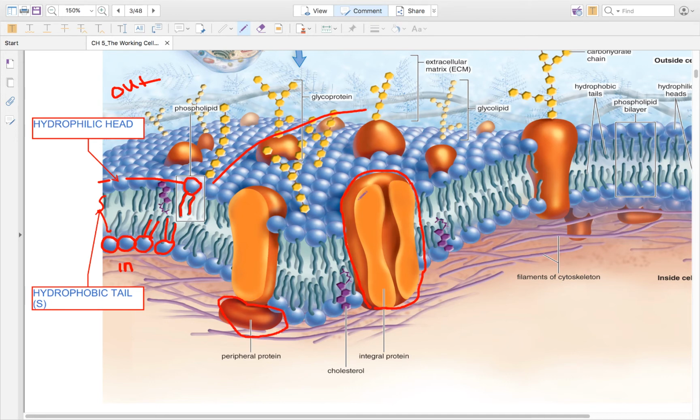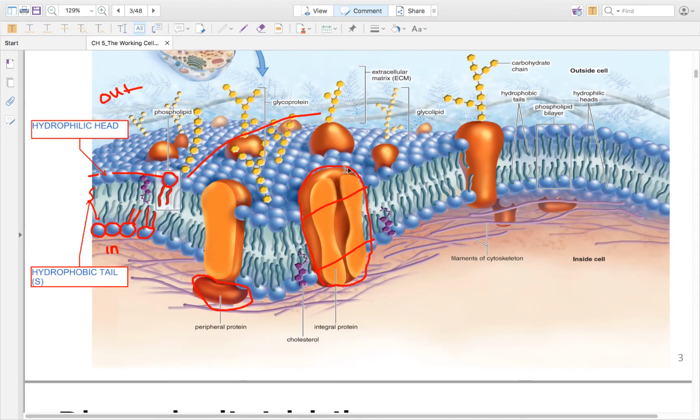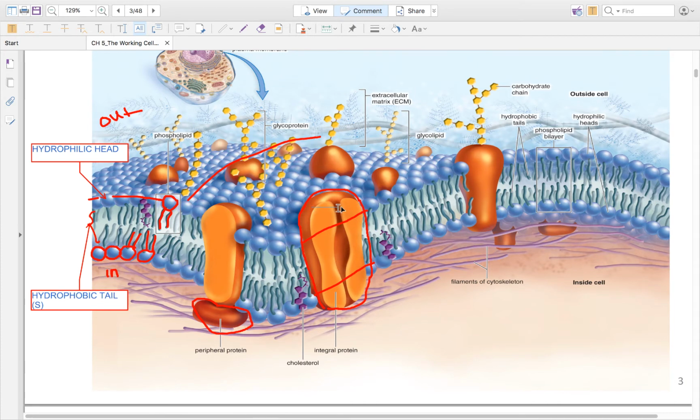The reason why this particular protein can be embedded all the way through is because it has both properties. It's hydrophilic on each end.